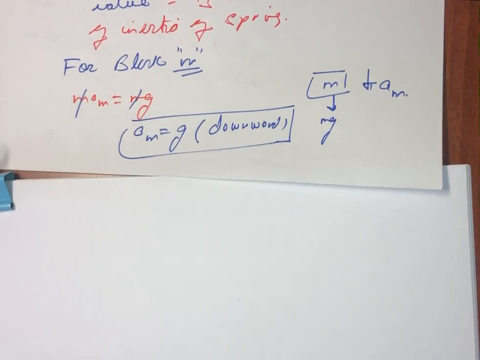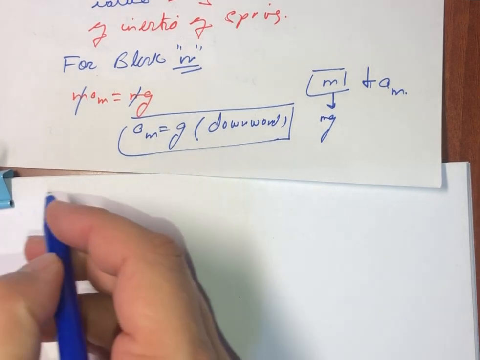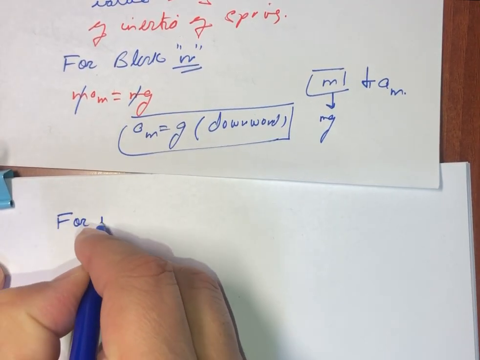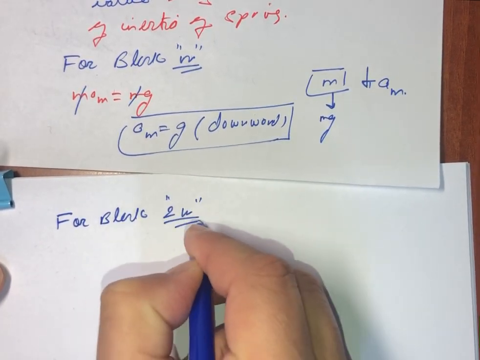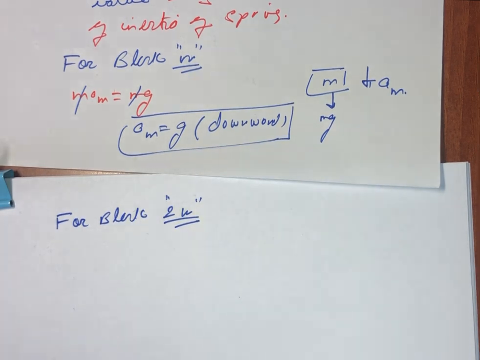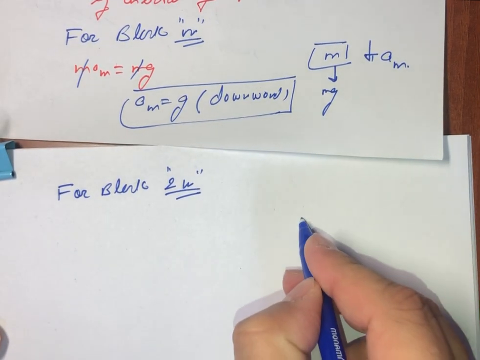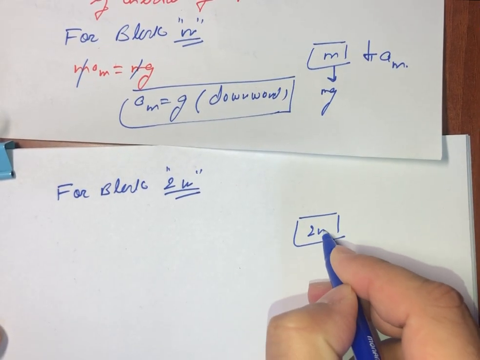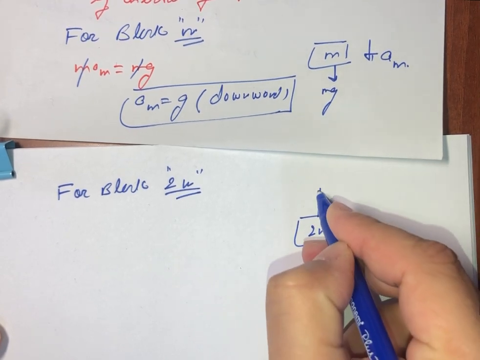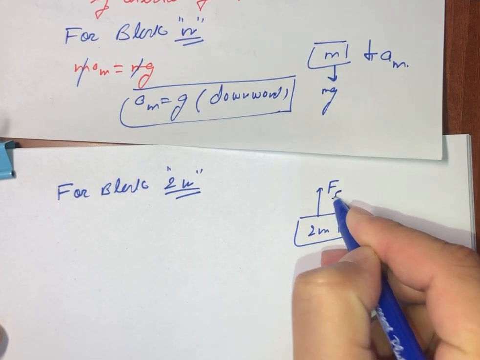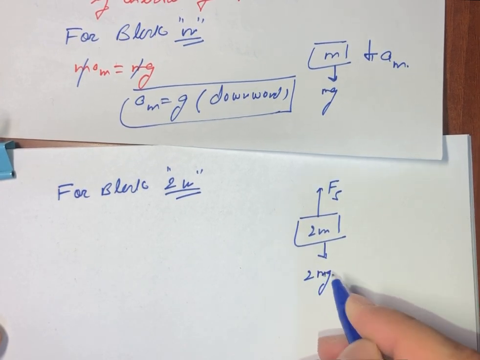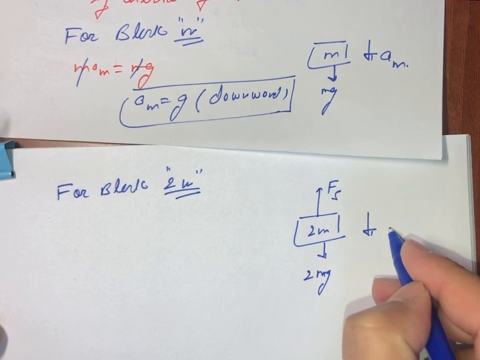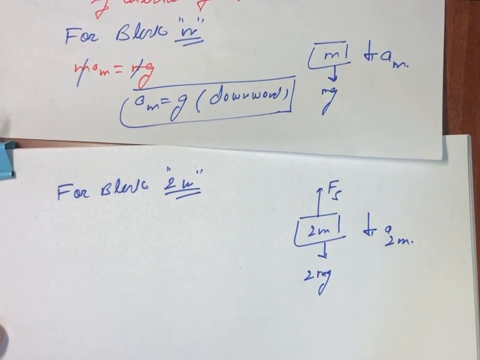Now we are going to solve it for block 2m. In the upward direction we have the spring force Fs, and in the downward direction we are going to have 2mg, and let us say it is also moving in the downward direction with the acceleration of a_2m.